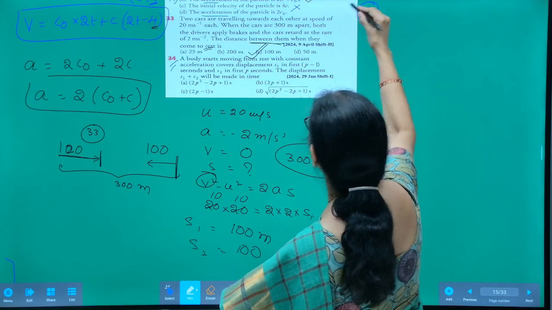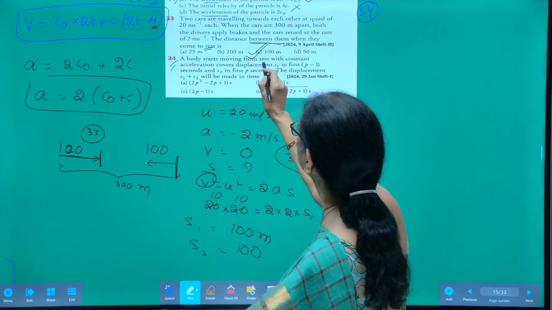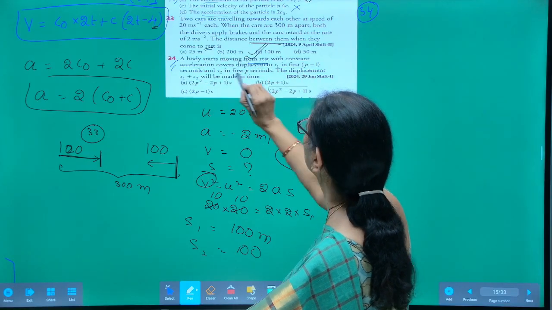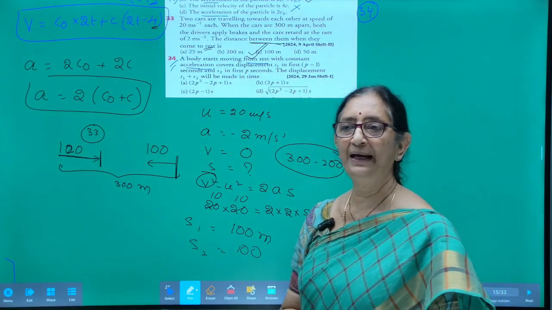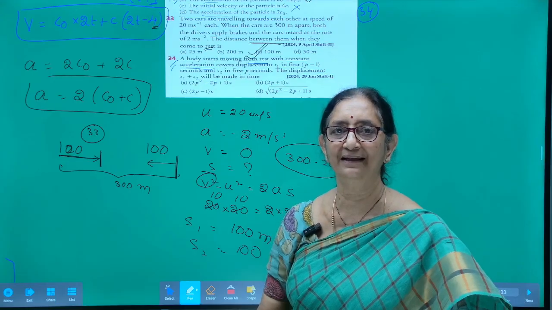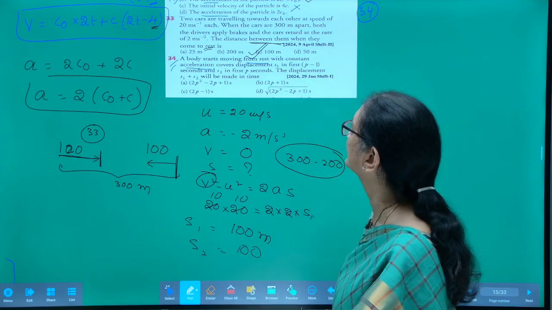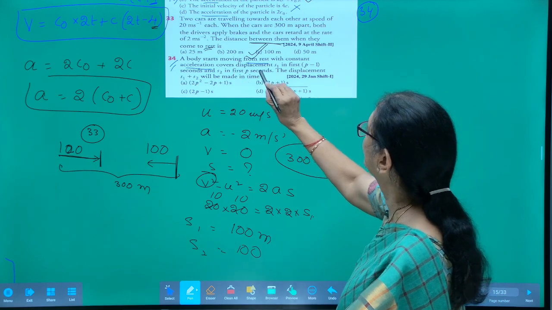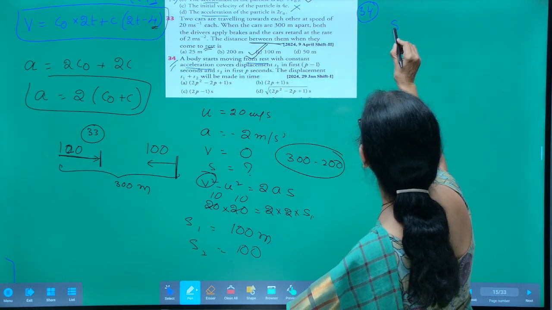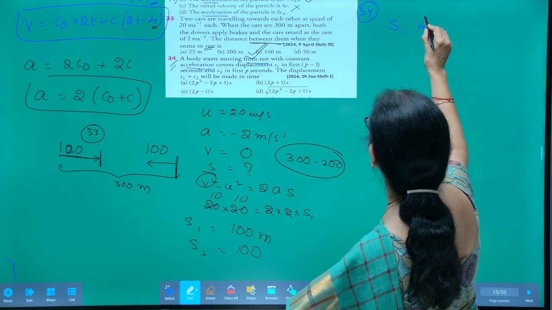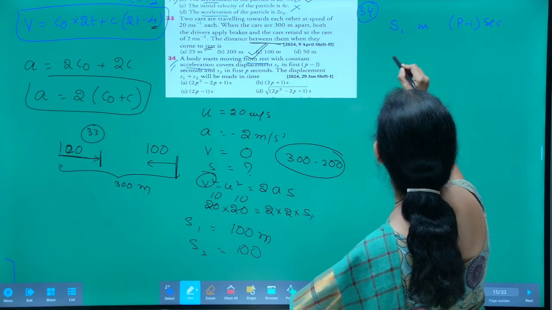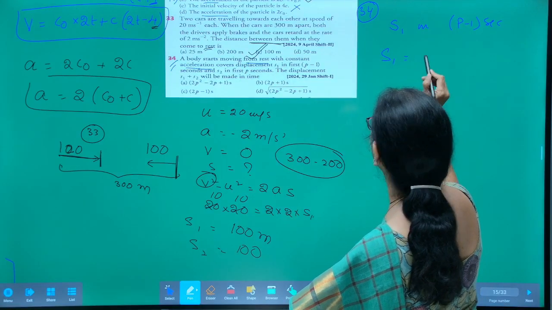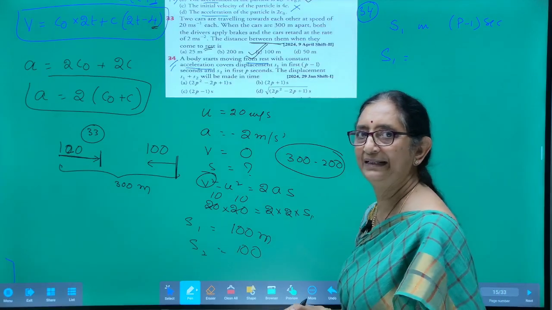34. Look here. A body starts from rest, moves with constant acceleration, because we know we can apply equations of motion when acceleration is uniform or constant. So constant acceleration covers displacement S1 in the first p minus 1 seconds, meaning S1 is equal to ut plus half at square.